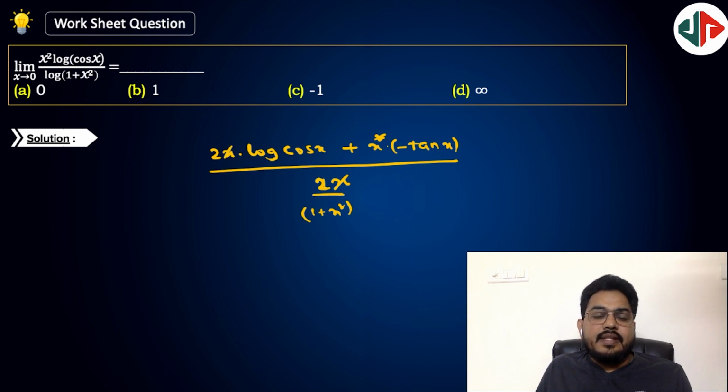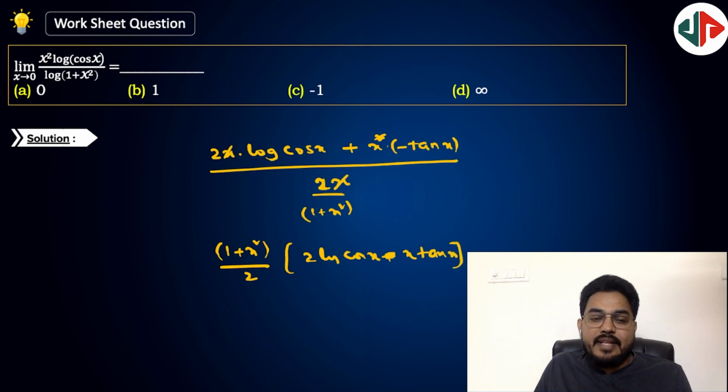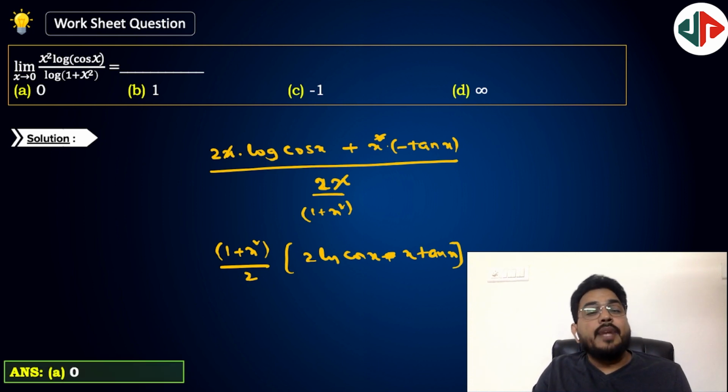So this is 1 plus x square by 2 into 2 log of cos x plus minus x tan x. But here now you apply the limit, it is not 0 by 0 form. It's only 0 by something. So the answer has to be 0.